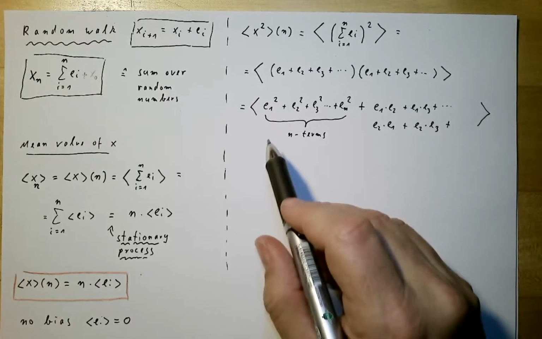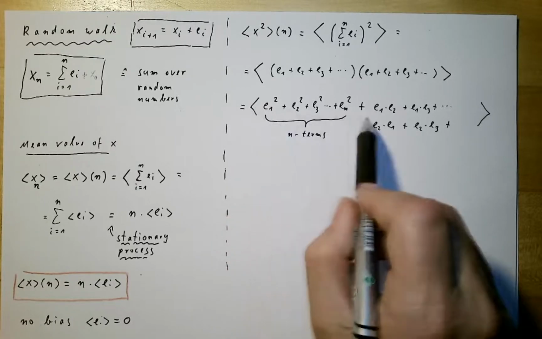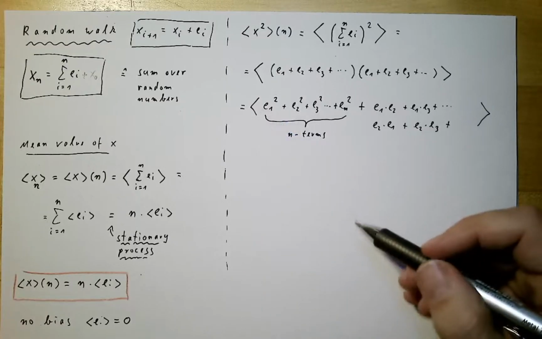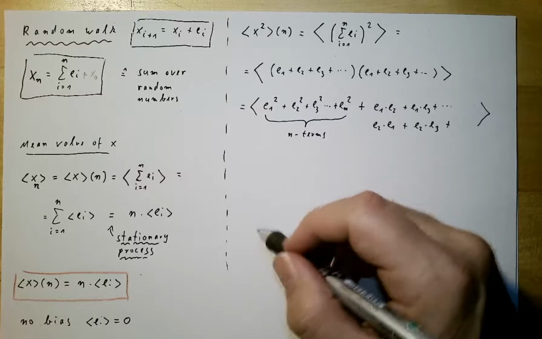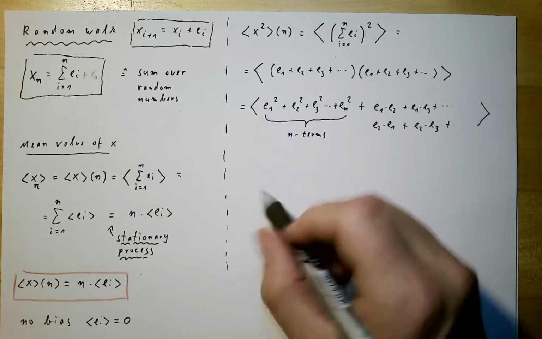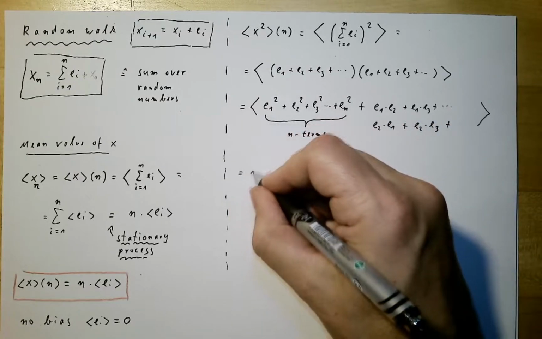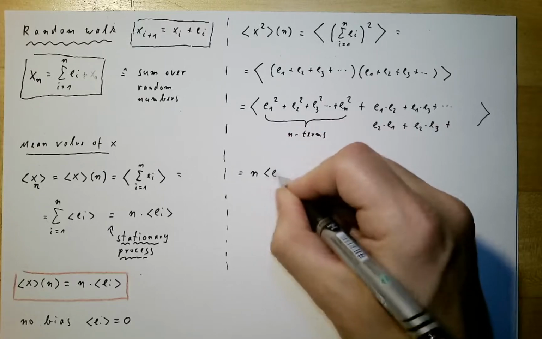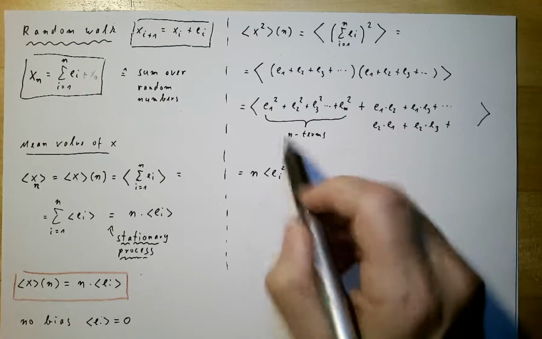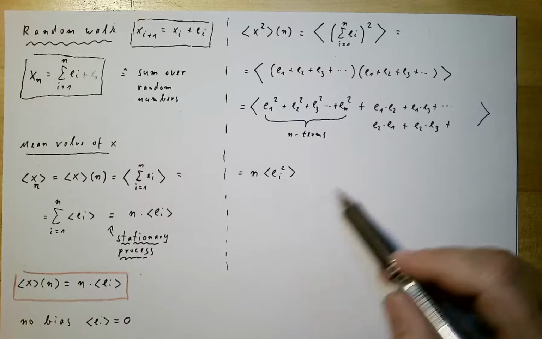Now the expectation value is again linear, so we have a lot of sums, and we can take the expectation value of every sum. And now we assume again we have a stationary process, so we can write down the first terms here. We have n times the expectation value of e_i squared, because each of these has the same expectation value. So we have n times this.